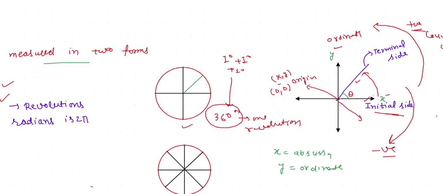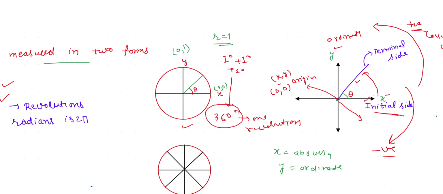So let us suppose here is angle theta, and this is our x-axis and this is our y-axis. Here the value is 1, 0, and the value on this axis is 0, 1. So 1 is the radius, that is, we have taken it as 1.